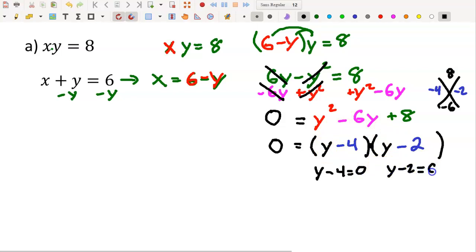That doesn't work with any other number. So it's super important that this number equals 0. So we got two answers here. No surprise. Got 4 and 2.